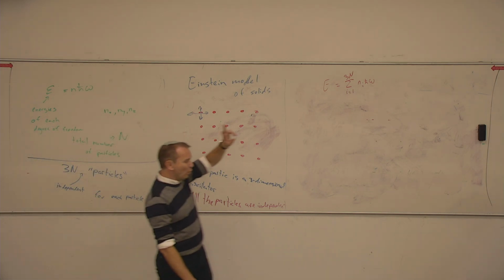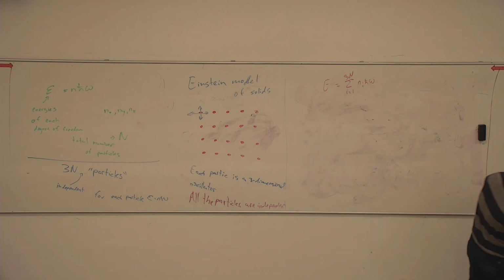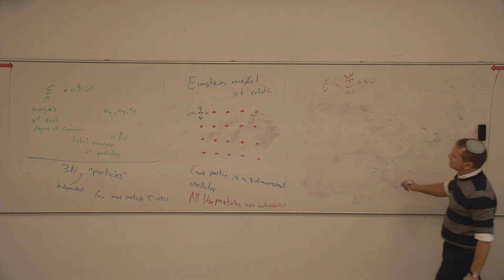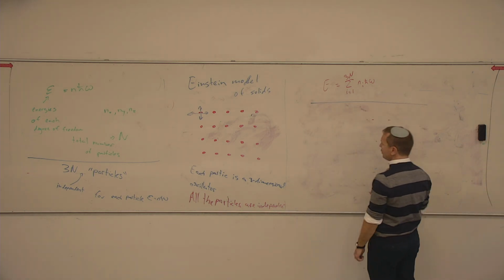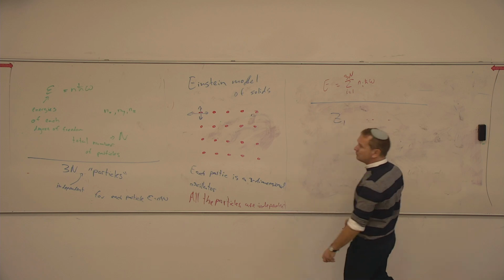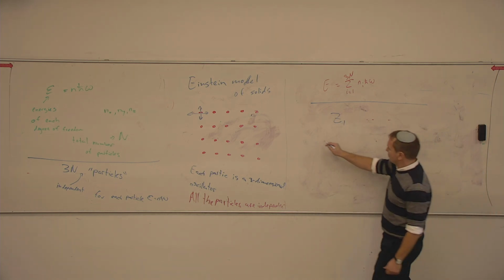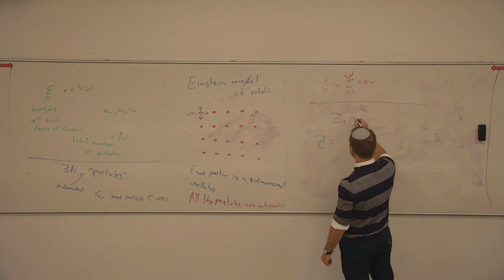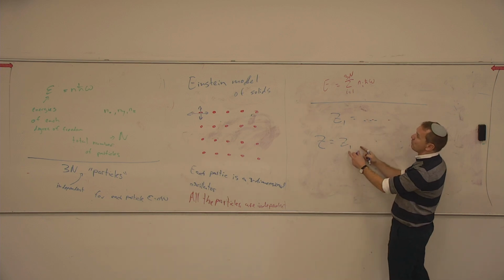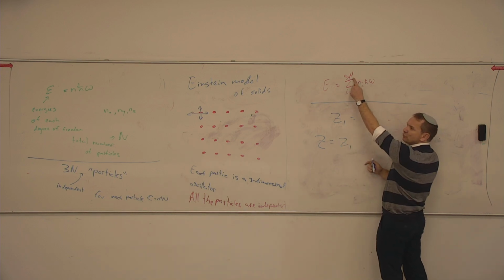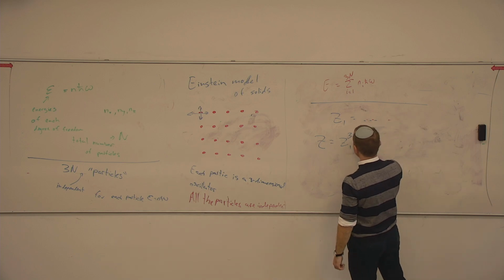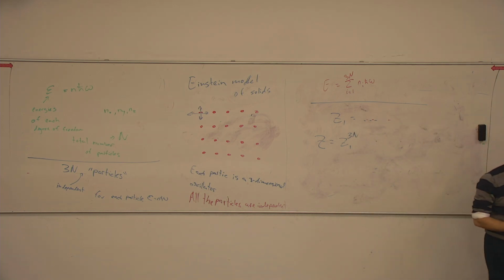The moment that those two things are in order, I know how to proceed. I will compute Z1, and Z is going to be Z1 to the power of the total number of particles. How many particles do I have? 3n. So it's going to be Z1 to the power of 3n.